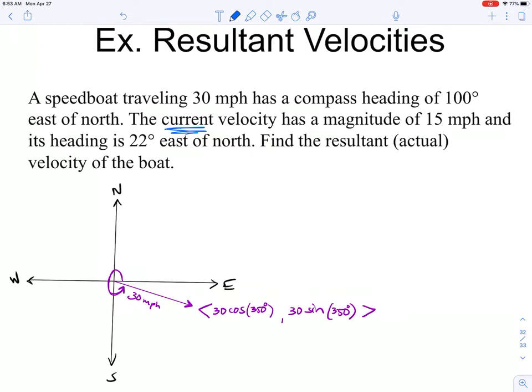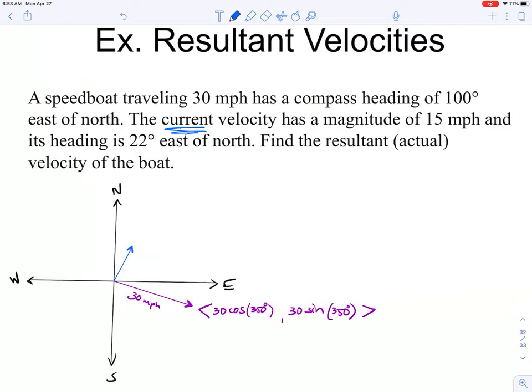Okay, so the current's velocity, and current represents, it's not current like right now, it's current like the water. The water's velocity has a magnitude of 15 miles per hour and is heading 22 degrees east of north.